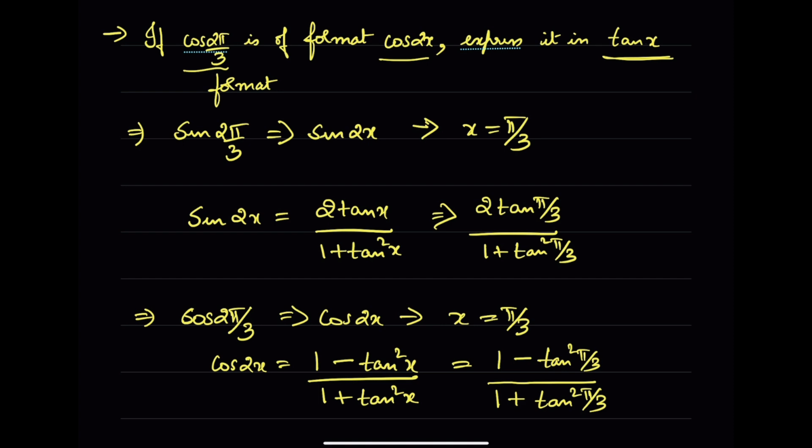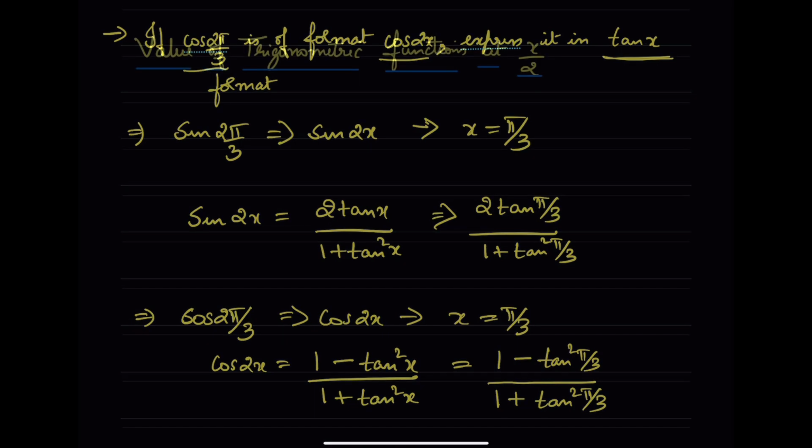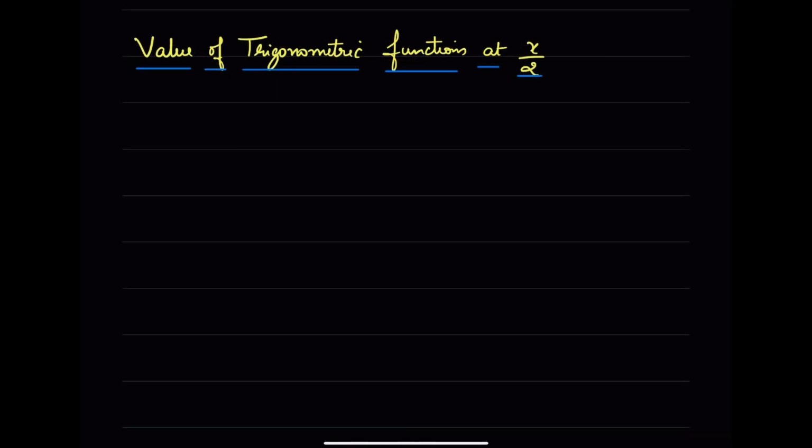Now let's try to understand how to create formulas for submultiple angles. So here we have to find the formula for all the trigonometric functions we have learned so far at x by 2. So this is pretty simple. So how we can approach this is, we know that sin of 2x is equal to 2 times sin x times cos x. Now we have to replace x with x by 2.